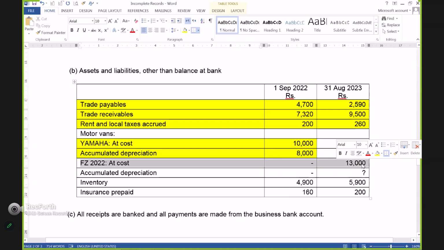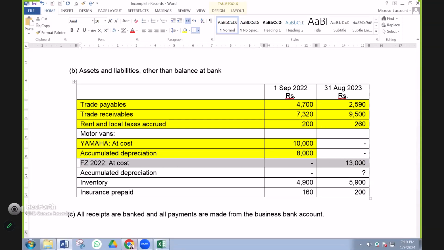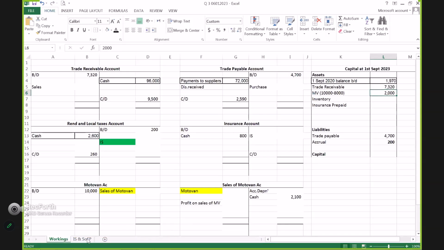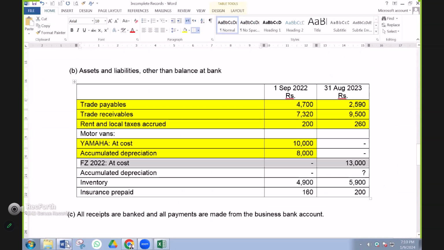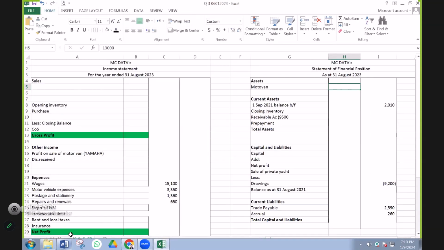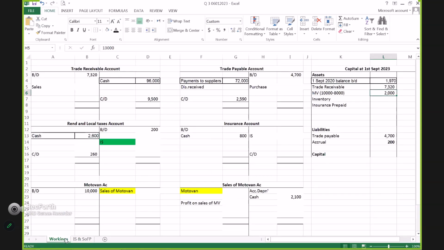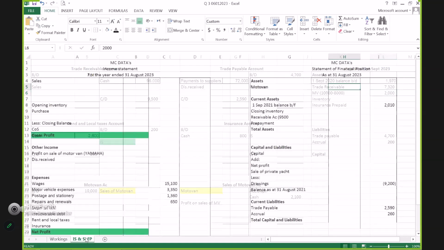FZ 13,000. So it is the closing balance. Therefore, you have to put it in the statement of financial position. We will see this one later on.